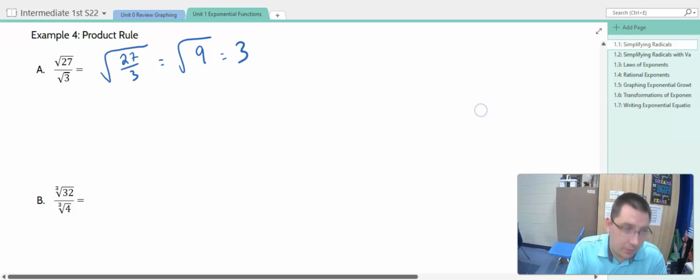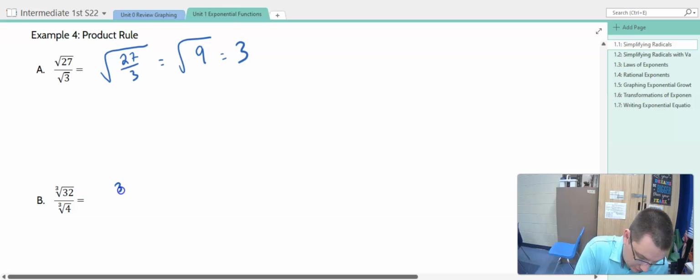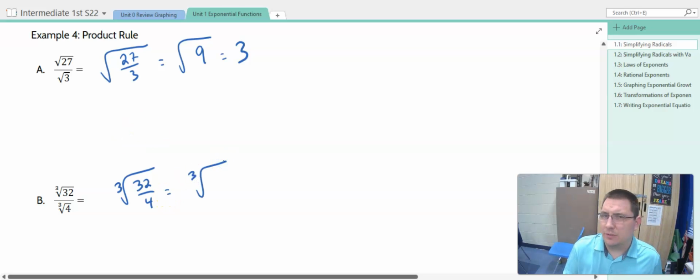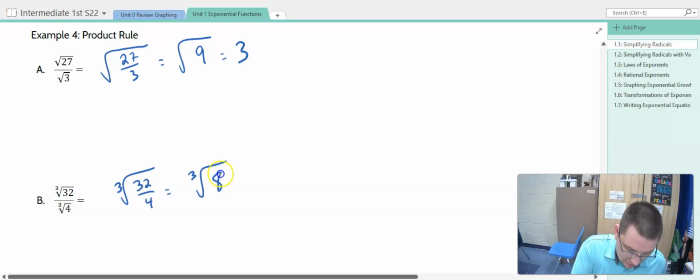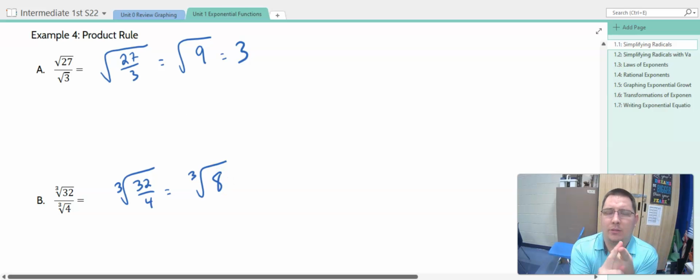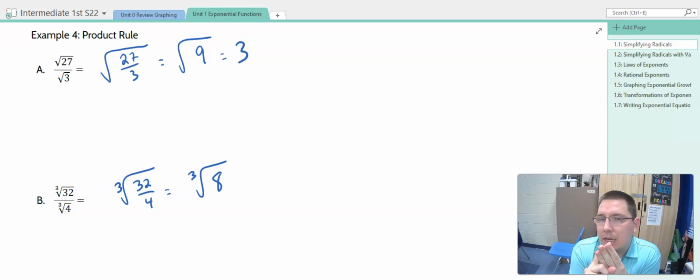In example B, we have the cube root of 32 over the cube root of 4. So we would have the cube root of 32 divided by 4 is equal to the cube root, well, what's 32 divided by 4? That's 8. And then what times itself is going to give us 8?